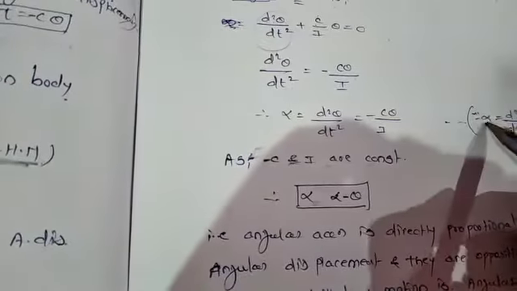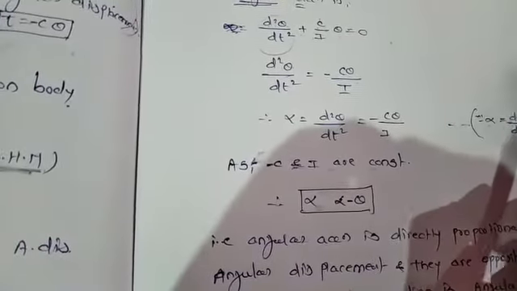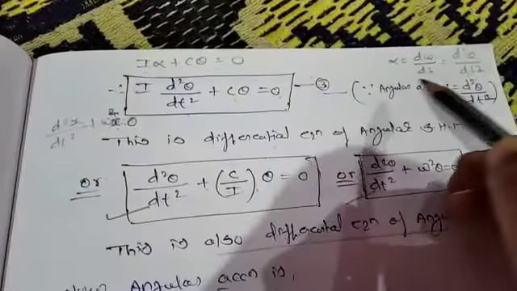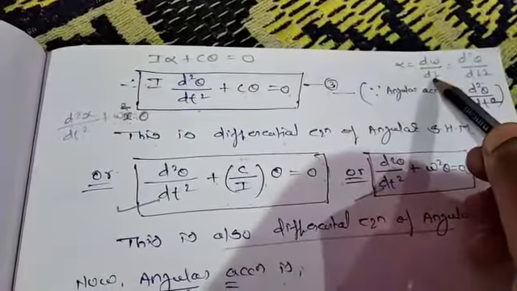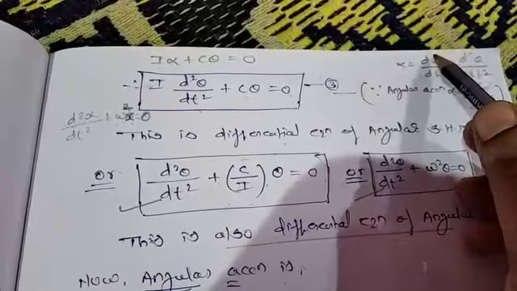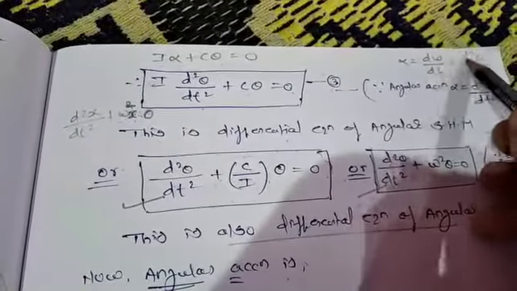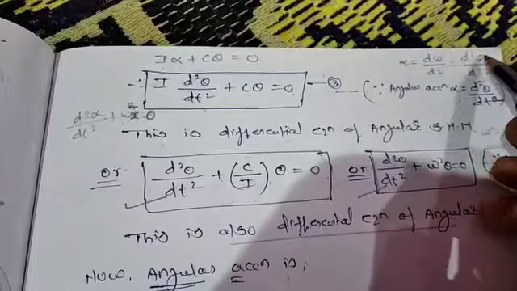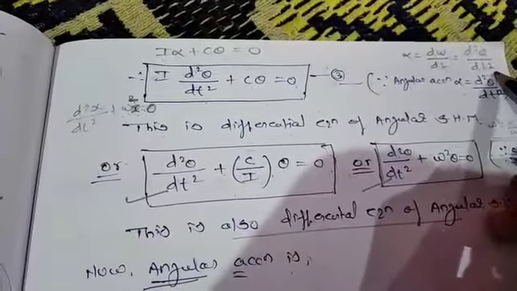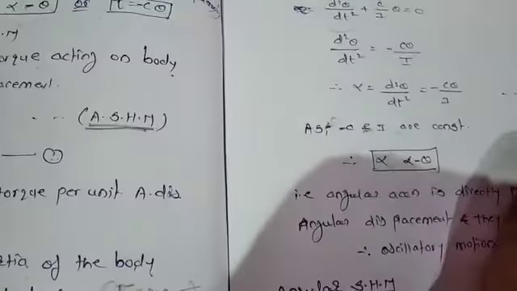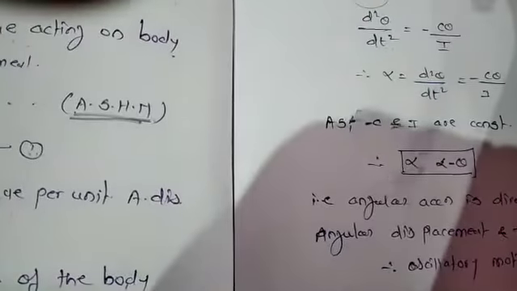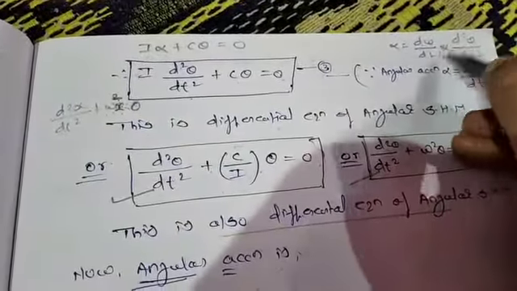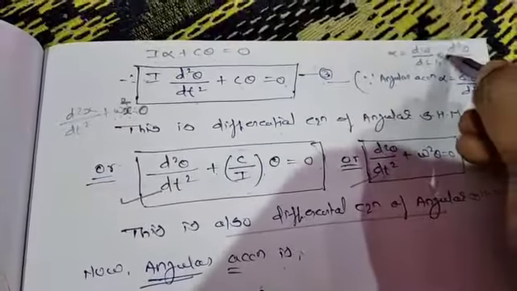This relation we have seen: alpha is equal to d omega upon dt, and omega is nothing but d theta upon dt. So we can write alpha is equal to d square theta upon dt square.